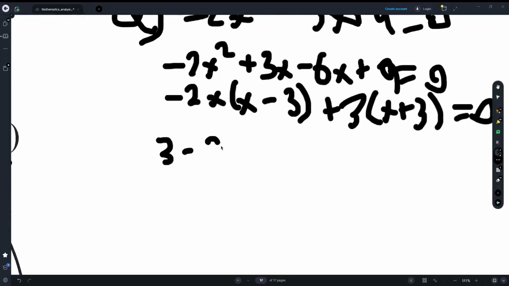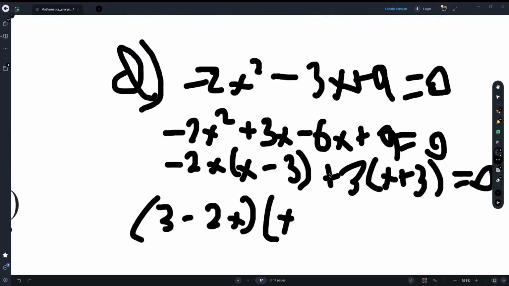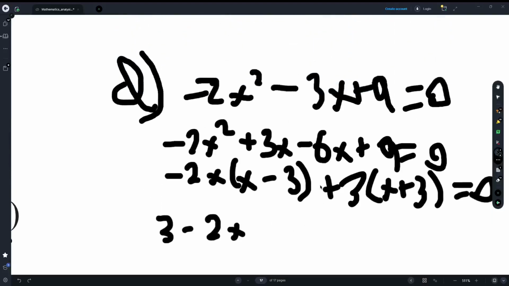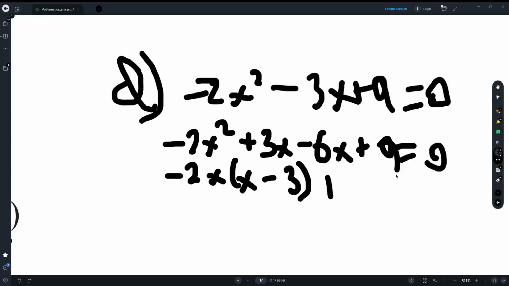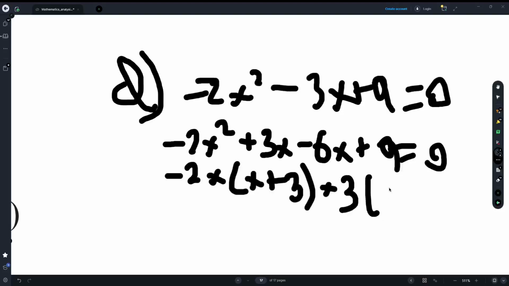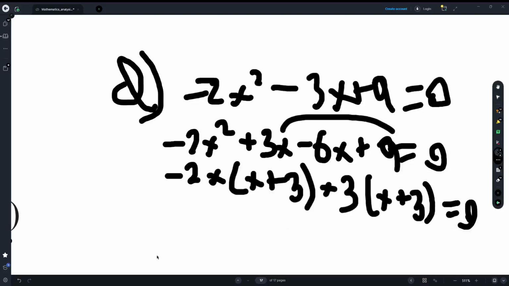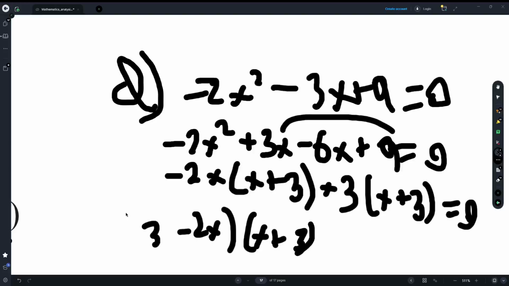So 3 minus 2x is one of the factors, and x, or wait, that is not right, my bad. Minus 2x squared is x plus 3. Yep. Alright, and then we just have plus 3x, these two factors here, plus 3 equals 0. So 3 minus 2x, x plus 3. Perfect.